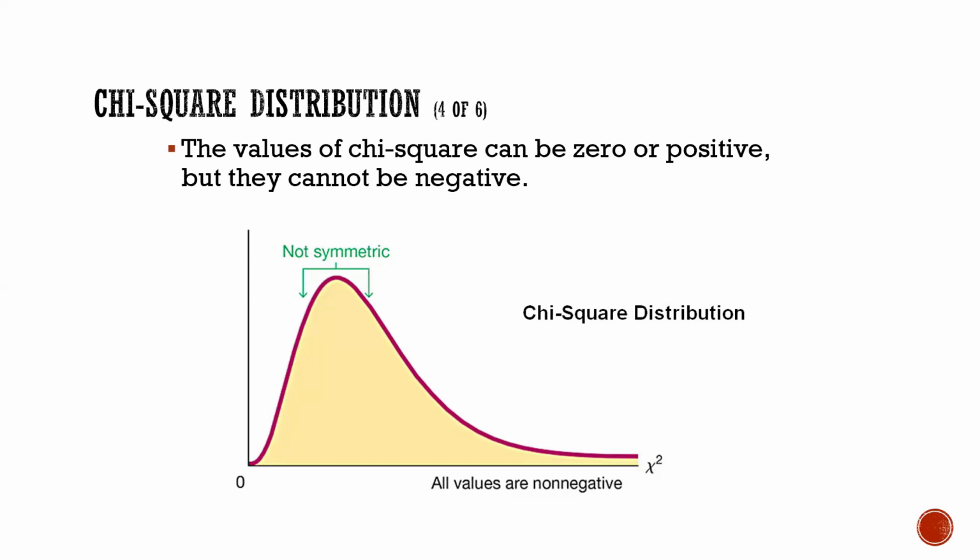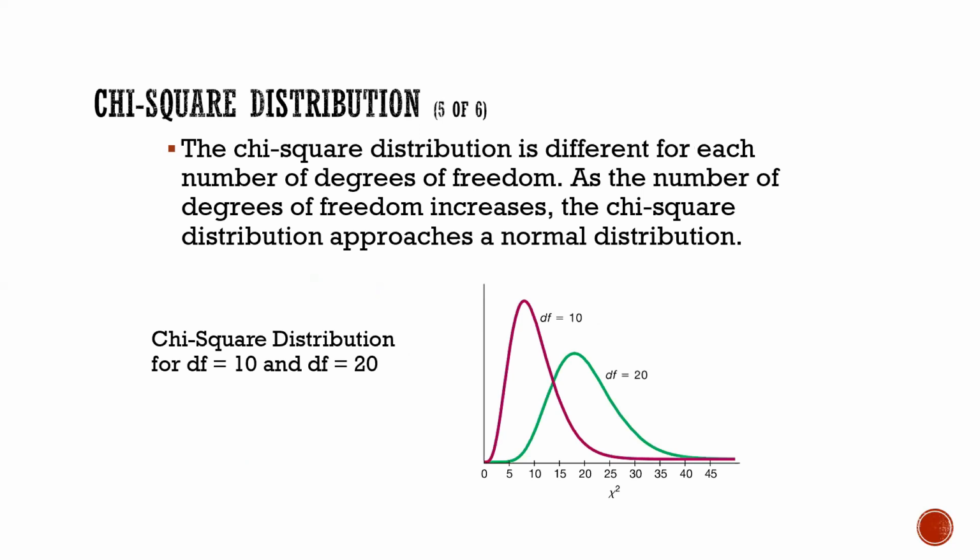Right? So another thing that I just said, chi-squared, never negative. So look at this, right? Degrees of freedom 10, it is very skewed. 20, skewed, but it's less skewed. Would we agree with that? If you had an infinite number of degrees of freedom, it would be the same as the normal distribution, just like with t.